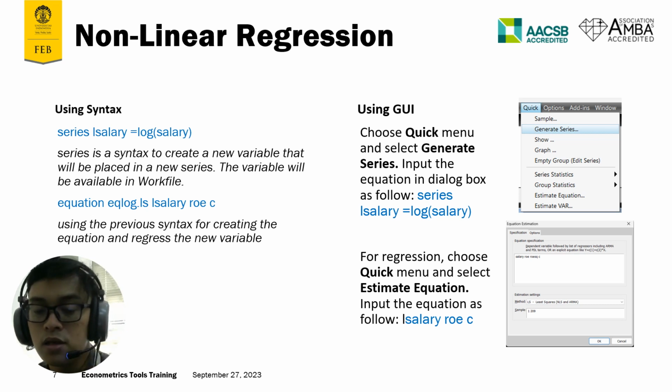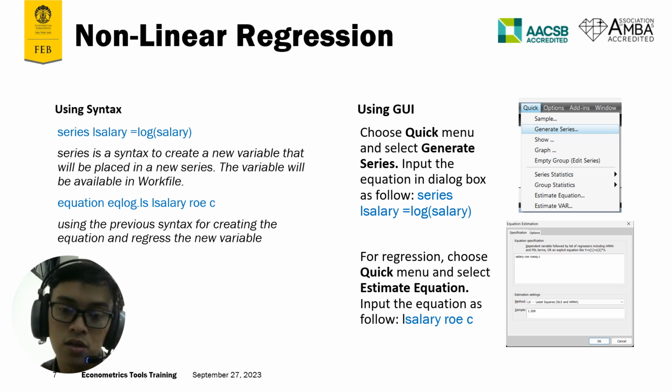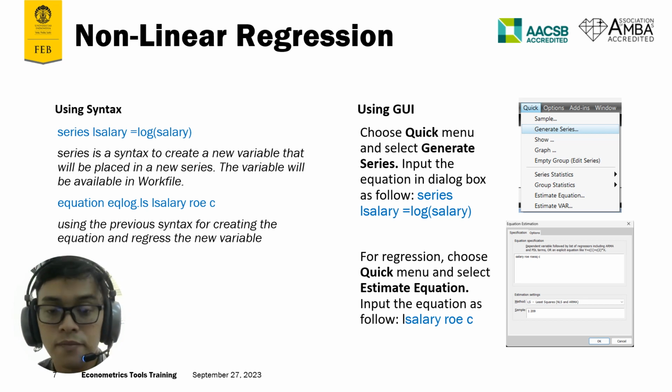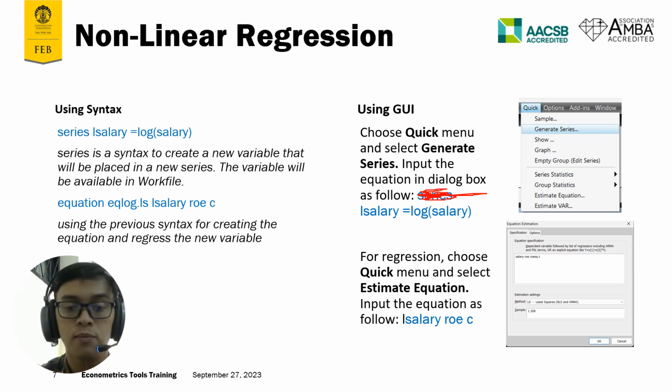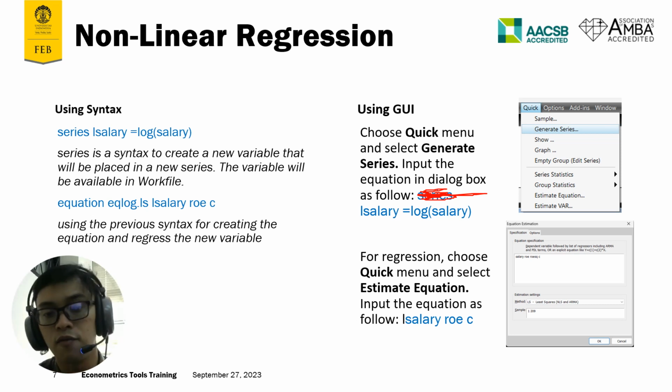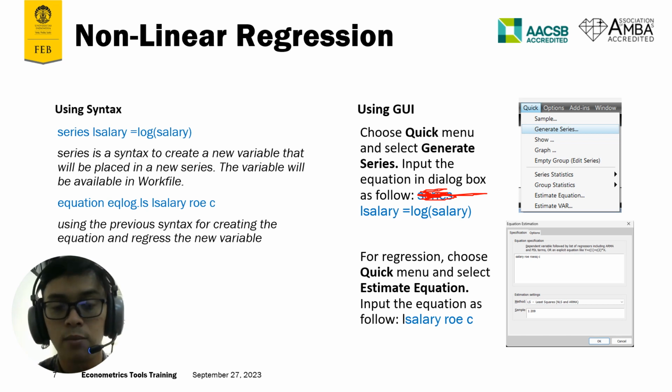The last one is that we can also use the graphical user interface. We'll do it later in EViews, and I'll give you the video also. Here you can use quick, generate series, and you write L salary equal to log salary to define a new variable that you want to create.